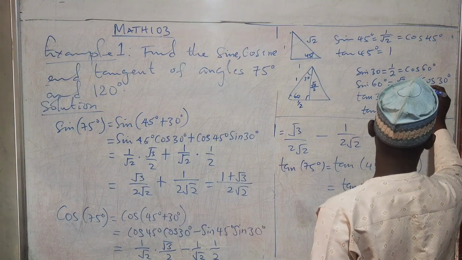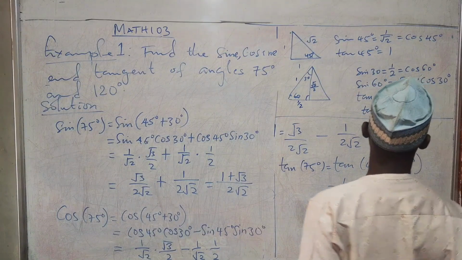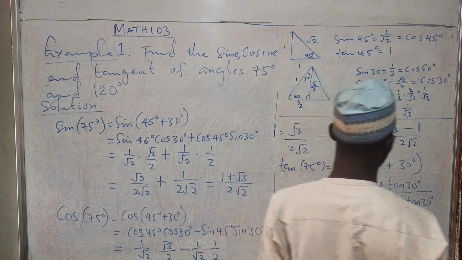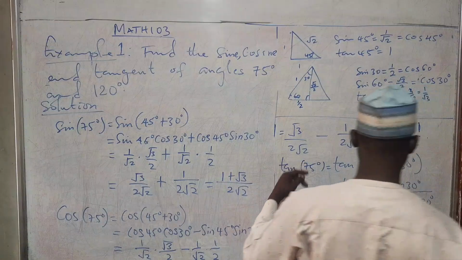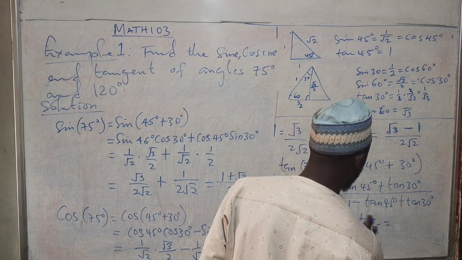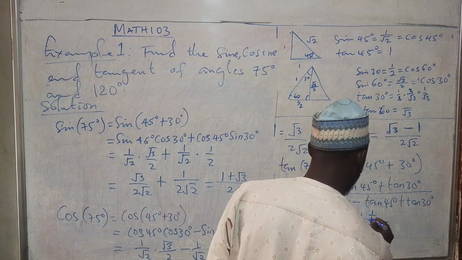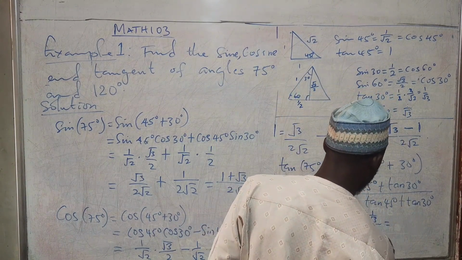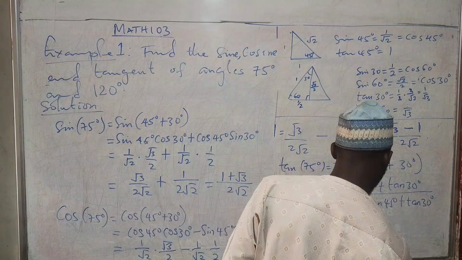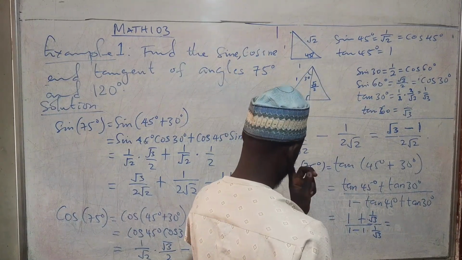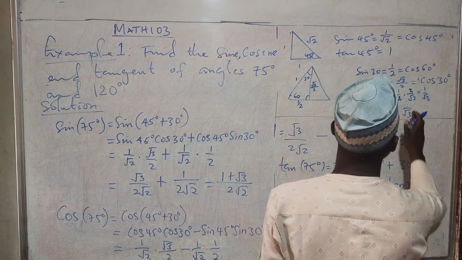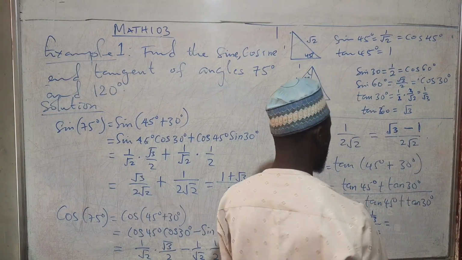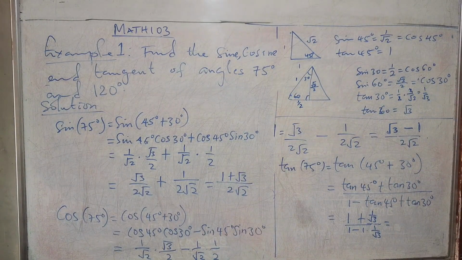So you have 1 over root 3. Tan 30 is 1 over root 3. I hope I've not used tan 30 anywhere. Tan 30 is 1 over root 3. So that tan 60 is root 3. This tan 60 that is equal to root 3.